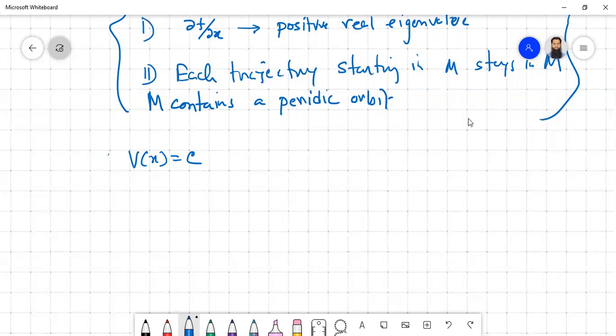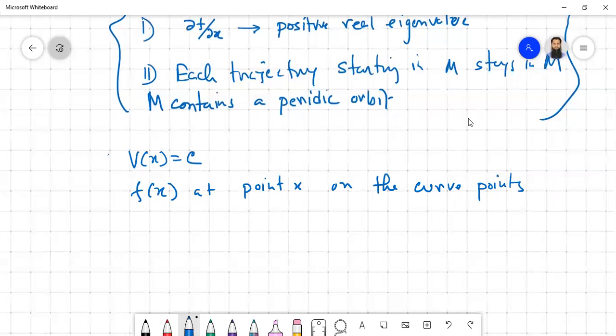And the vector field f(x), we assume that the vector field is f(x) at point x on the curve points. Okay, so we have a closed curve defined by V(x) equal to C, and we have a vector field on the points on the curve, f(x).